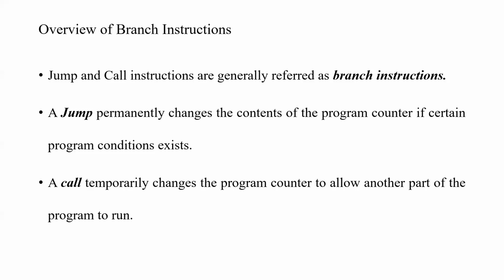The program counter's previous contents have to be changed to the new address because of the jump instruction. That's the reason a jump instruction permanently changes the contents of the program counter if certain program conditions exist.